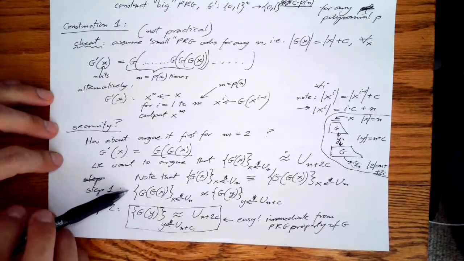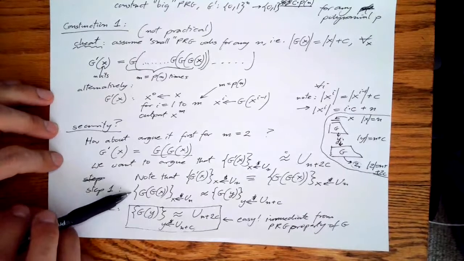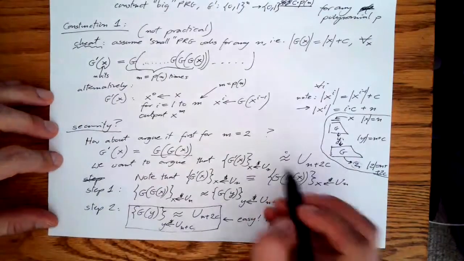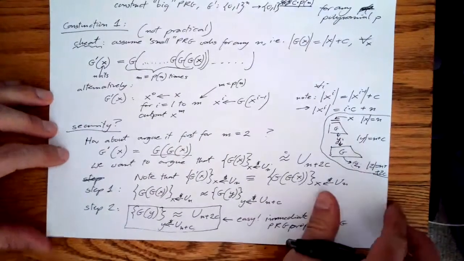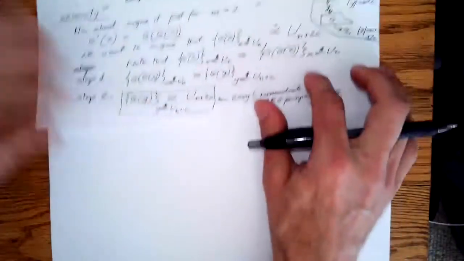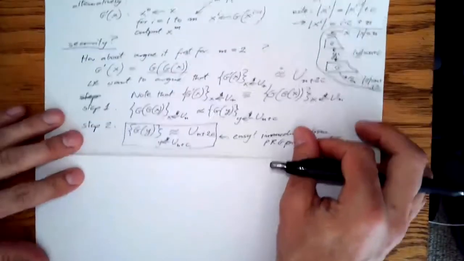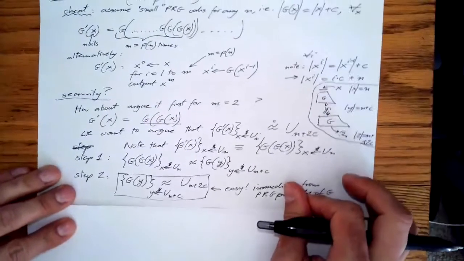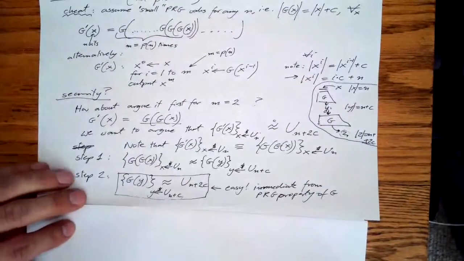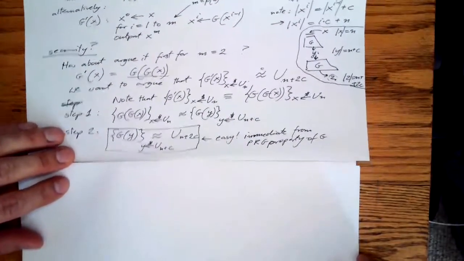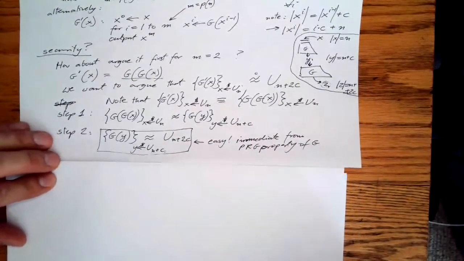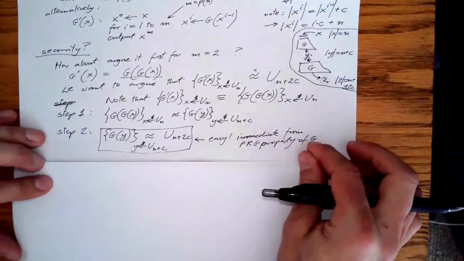If I knew this part also, then putting these two things together to get this is basically transitivity of indistinguishability. That's enough, because we already have this construction here.